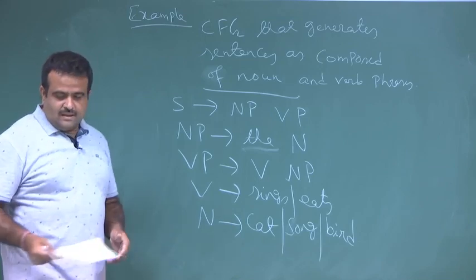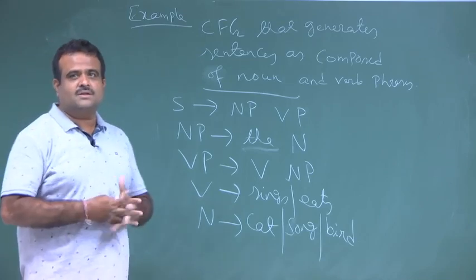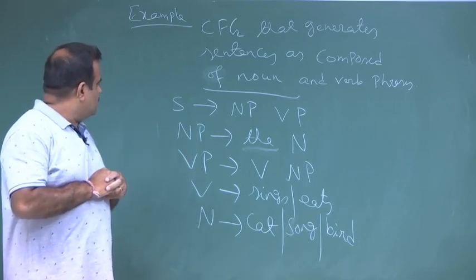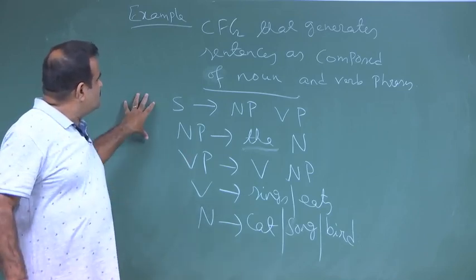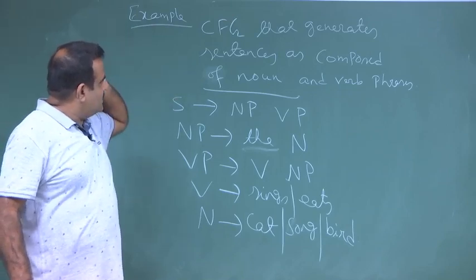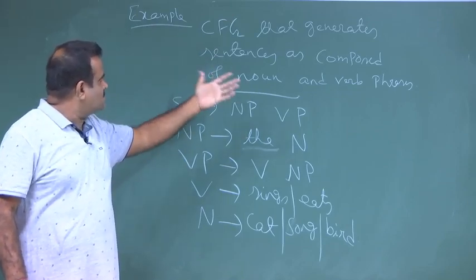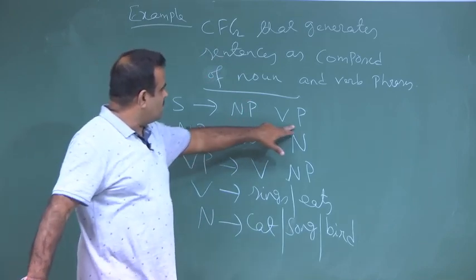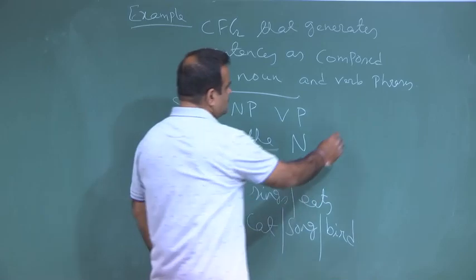Now, we will see what strings we can generate out of this grammar. Okay. So, this is a grammar for a sentence composed of noun and verb phrases. This is the noun phrase, this is the verb phrase. So, what is G?